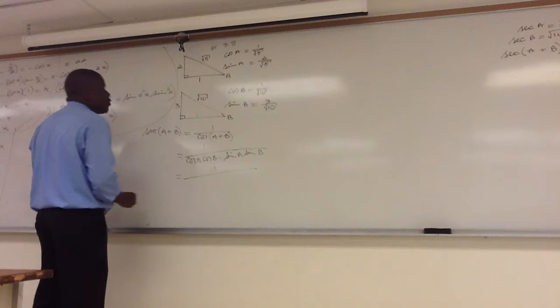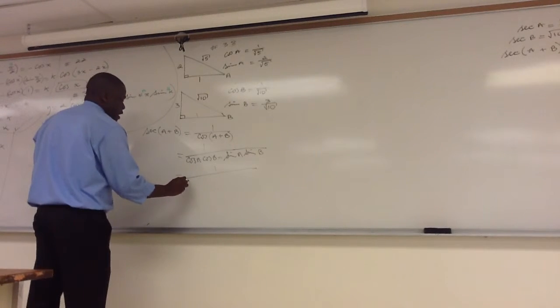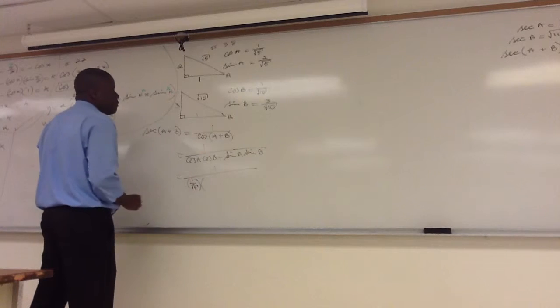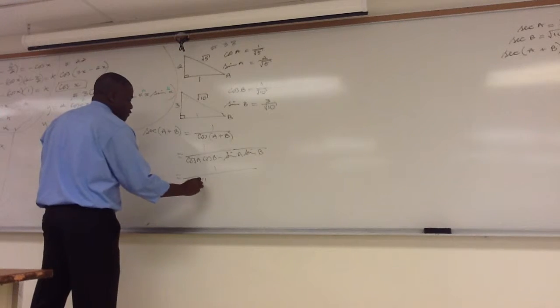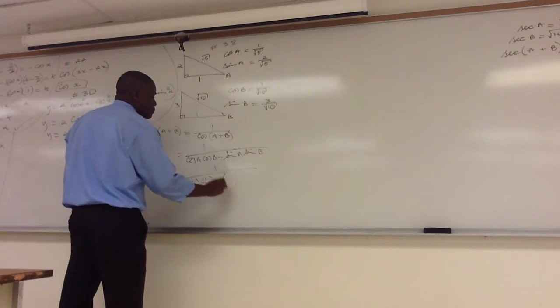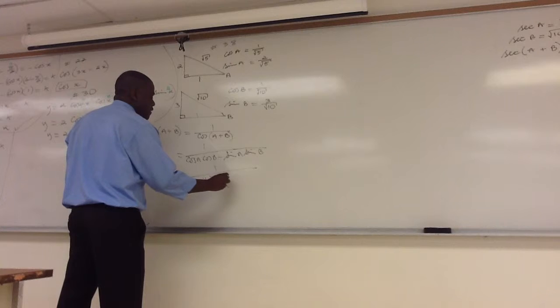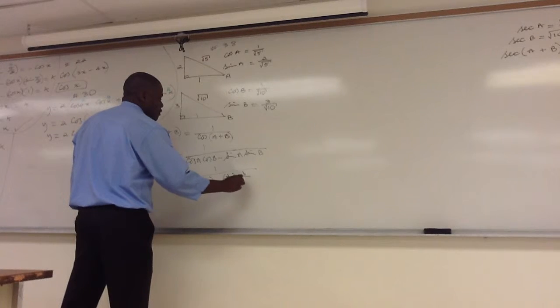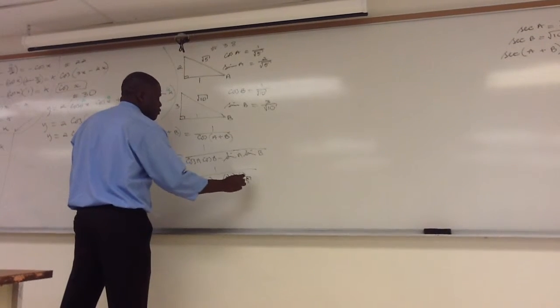It is 1 over, cosine of A is 1 over square root of 5, cosine of B is 1 over square root of 10, minus sine of A, 2 over square root of 5, sine of B, 3 over square root of 10.